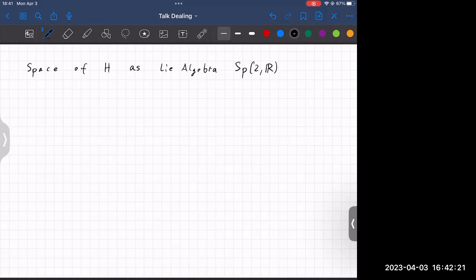And well, here I didn't properly write it as a Lie algebra. The proper way would be with a small s. So sp2R. So those are 2 by 2 matrices.